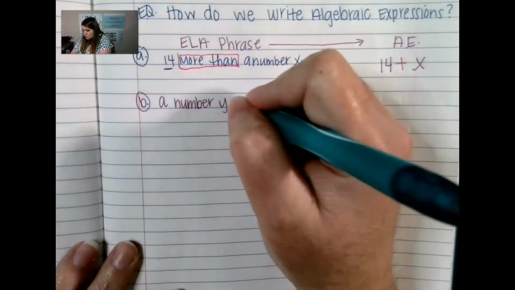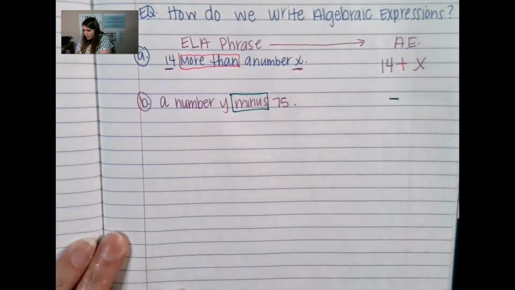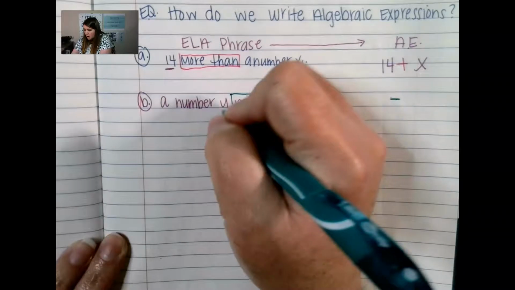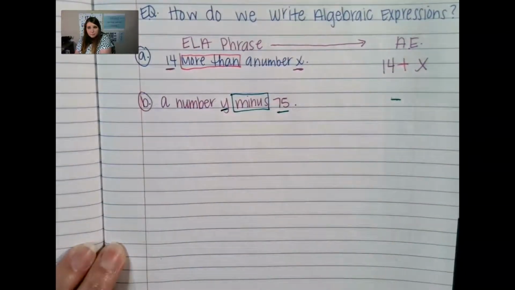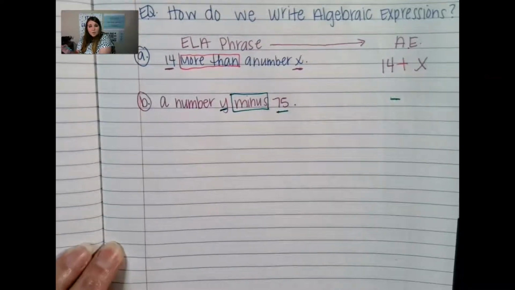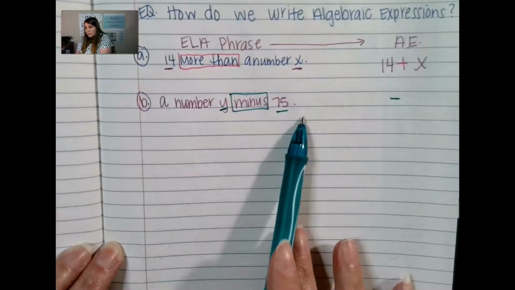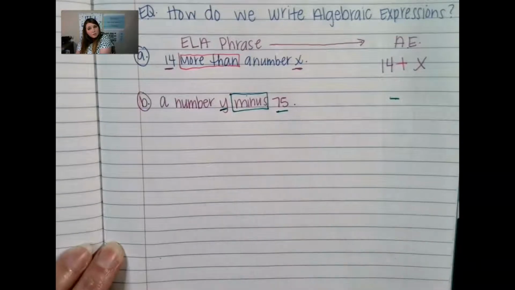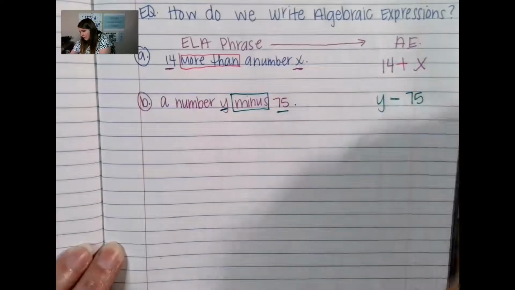So we are going to take our clue word and just go like this. Our important numbers were y and 75. It's really, really important that in subtraction problems that we don't switch the order or that we pay really close attention to the way that it is written. So it says y minus 75, not 75 minus y or something like that. So we are just going to write y minus 75.